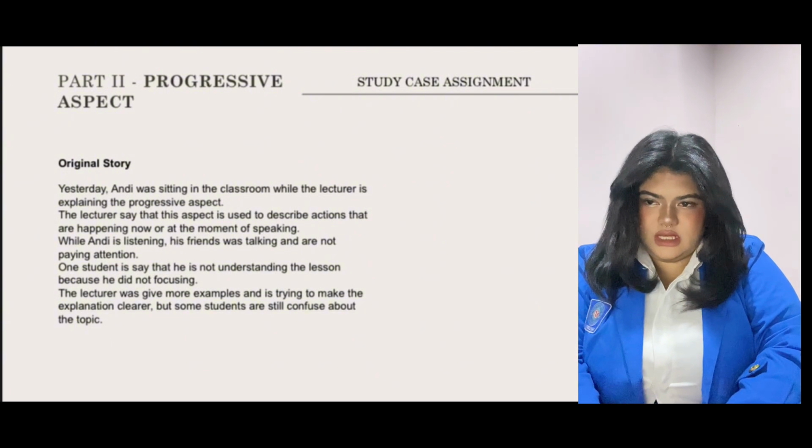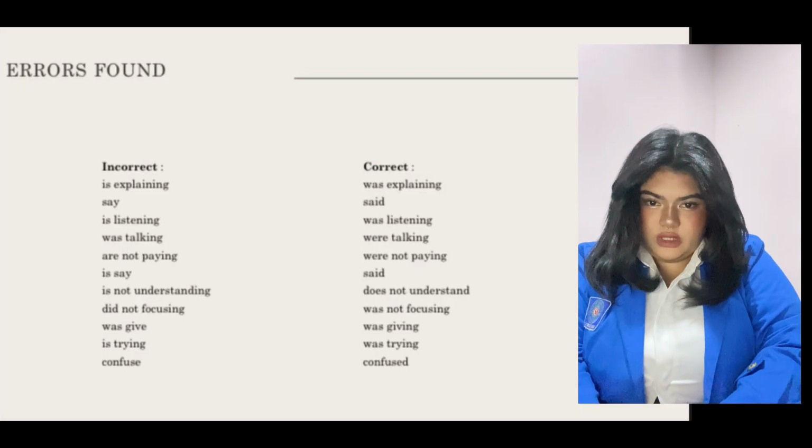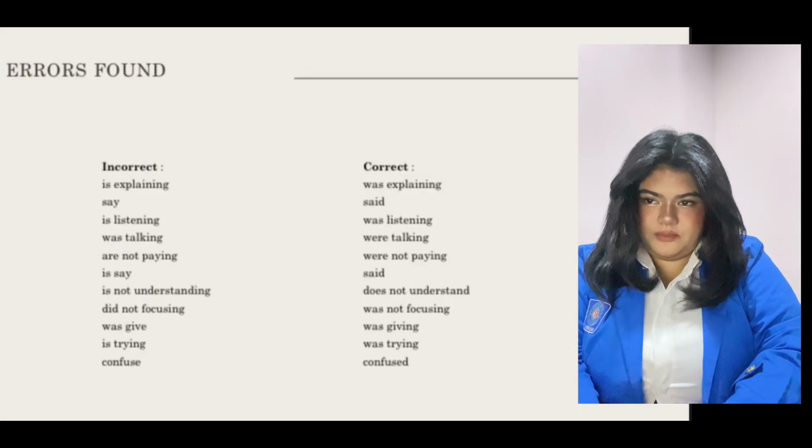One student is saying that he is not understanding the lesson because he did not focusing. The lecturer was giving more examples and is trying to make the explanation clearer, but some students are still confused about the topic. So here are the errors found.